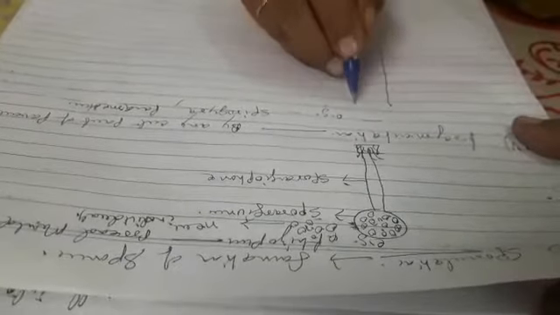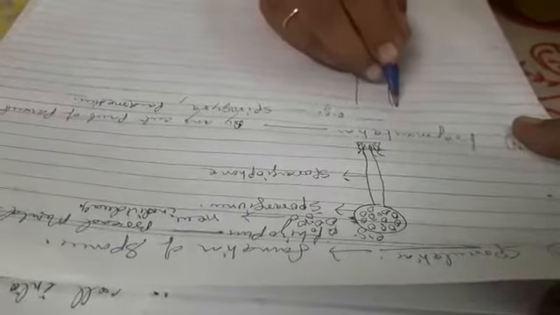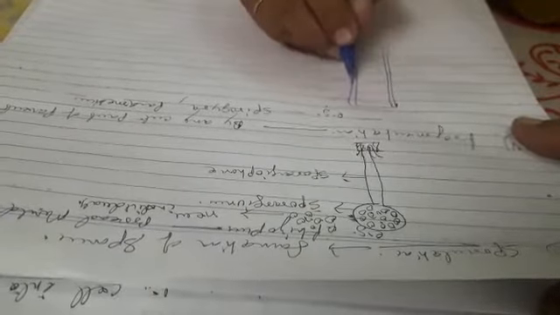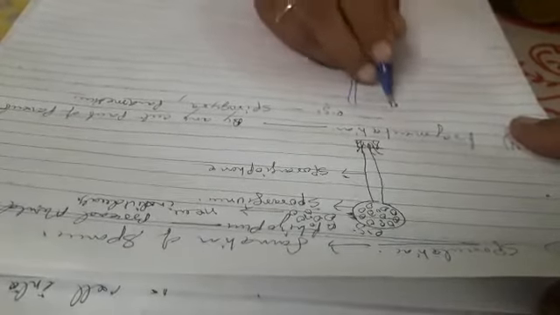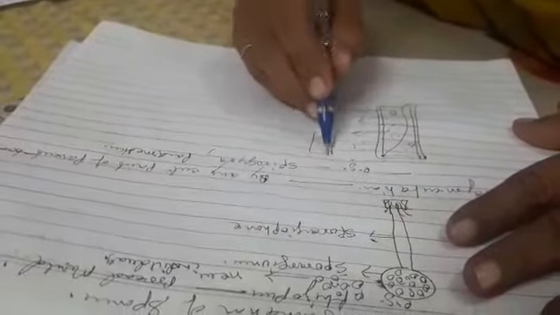This is the filamentous structure of Spirogyra. Cut a piece of this. Each piece grows into new young ones.